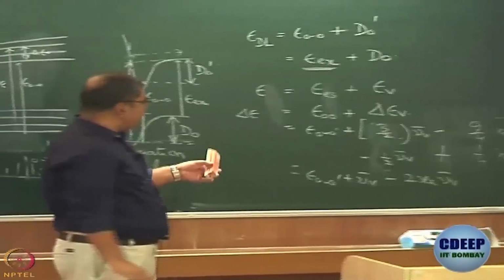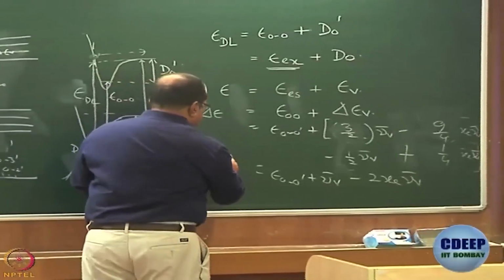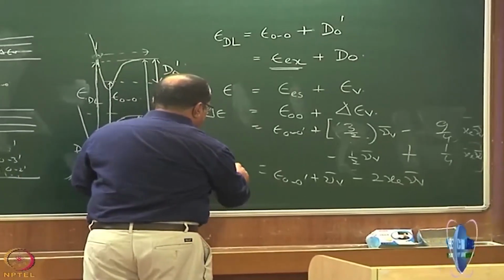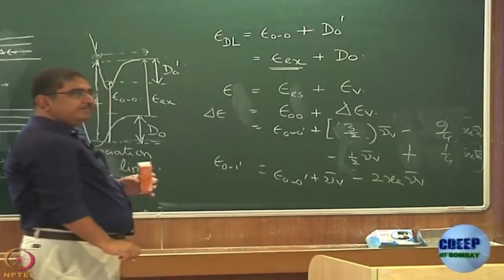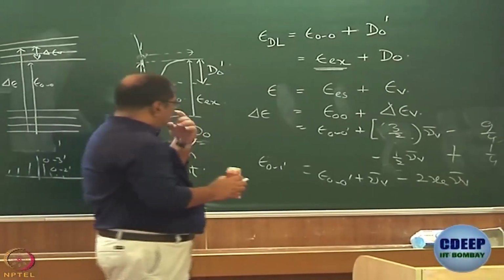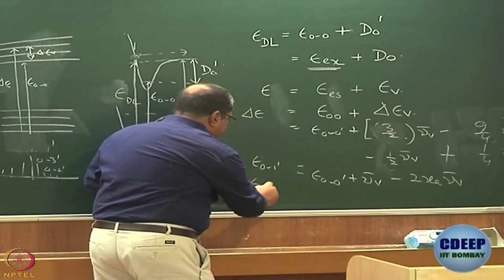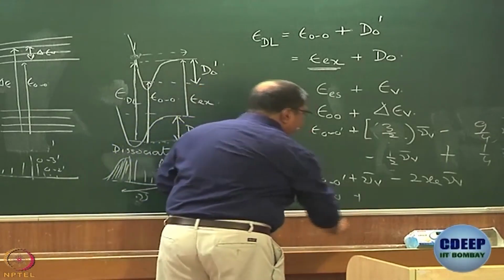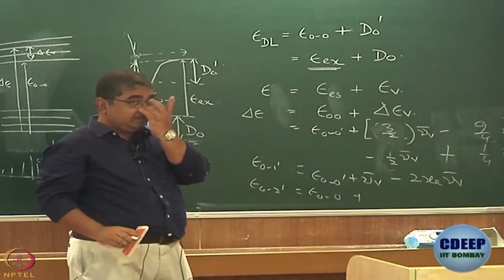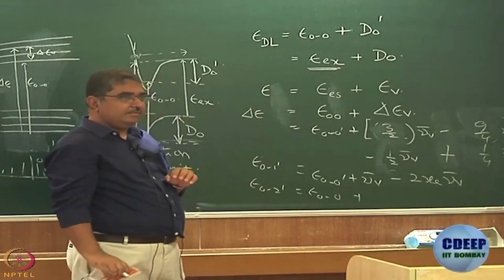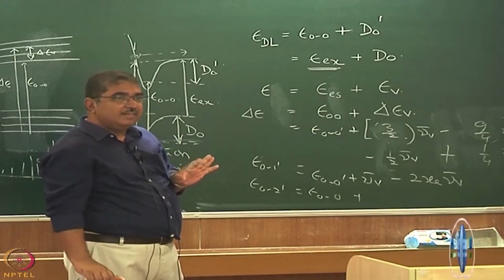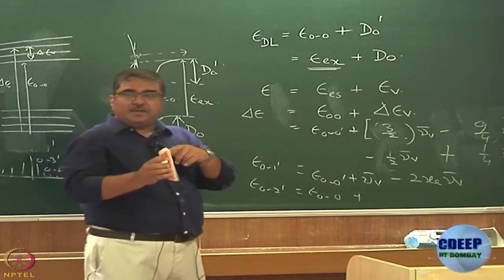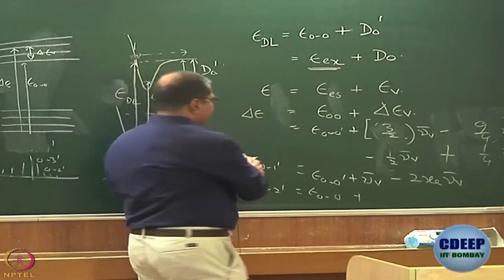So, this is I can say epsilon 0 1 dash. What happens if I put epsilon 0 2 dash? What will I get? Epsilon 0 0 plus, yeah. Okay. Let us do it a little differently.